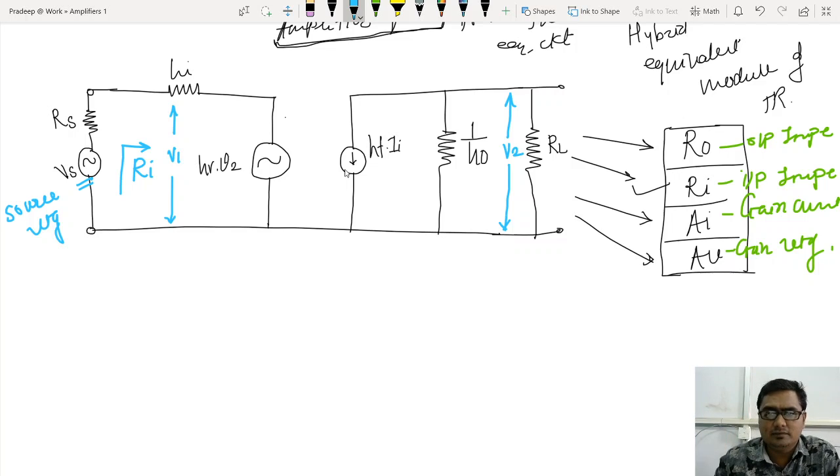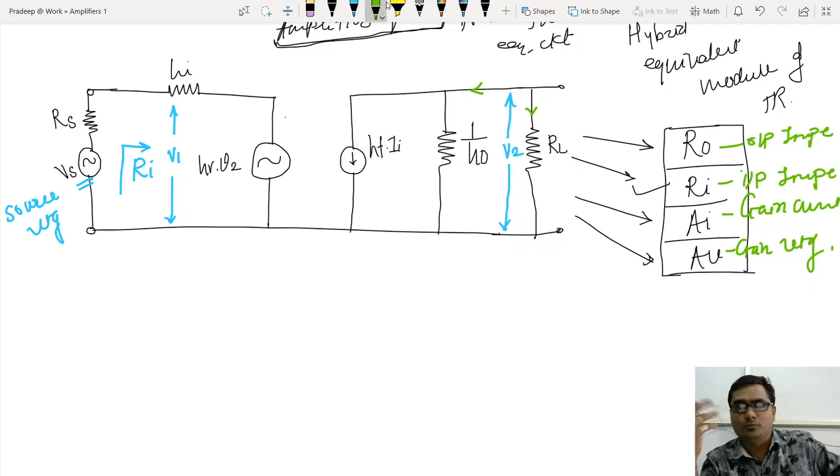Now look at this. A current is flowing through the collector and a current is flowing through the load. Those two currents represent the output current. But the directions are different. Why? Because we are in an equivalent circuit. If it is an actual amplifier circuit, obviously the direction must be the same.